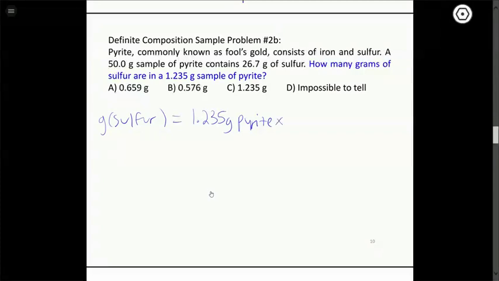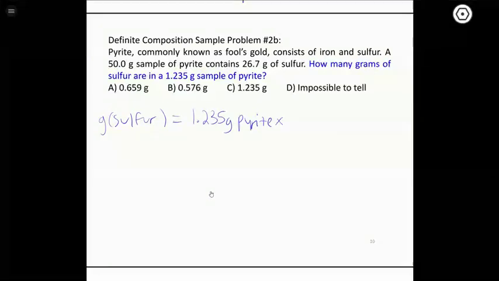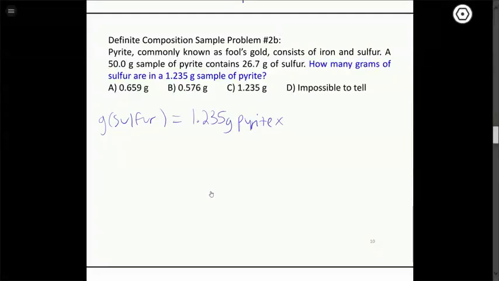So what we're going to do is use these two masses, which are related to the mass percent, as a conversion factor. We know that if we have 50 grams of pyrite, that's going to contain 26.7 grams of sulfur. And by just looking at unit analysis, we see that grams of pyrite cancels out, divides out.